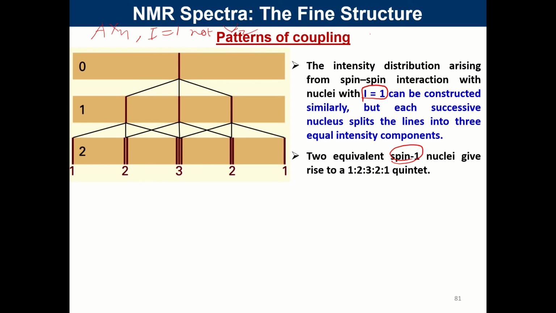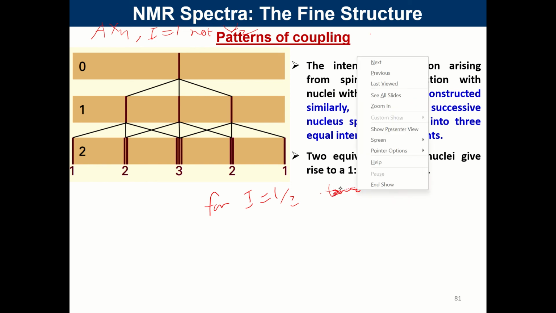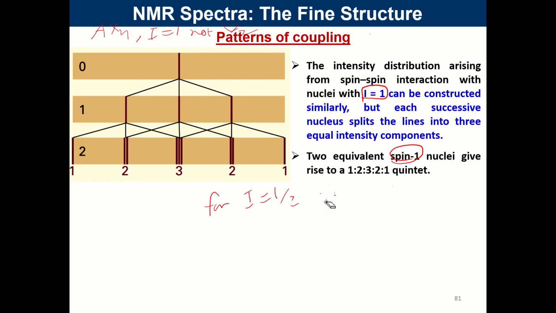Because when I is equal to half, only two orientations are possible. The m_I values, as I told you earlier, are plus half or minus half.